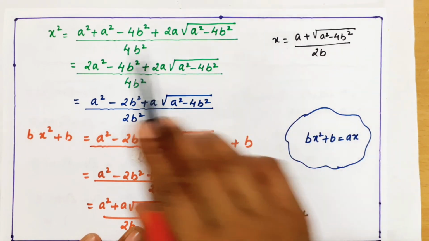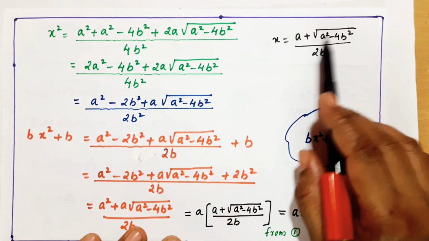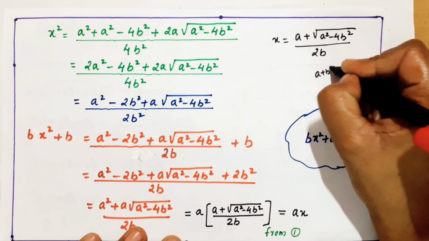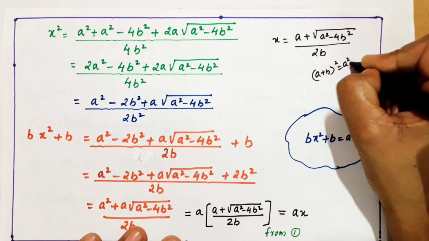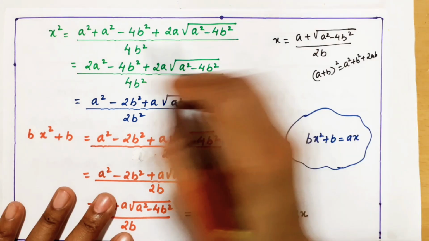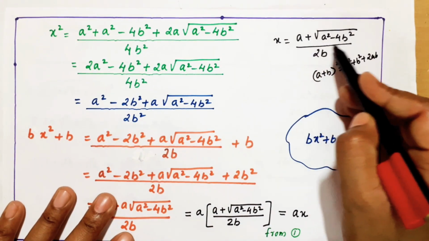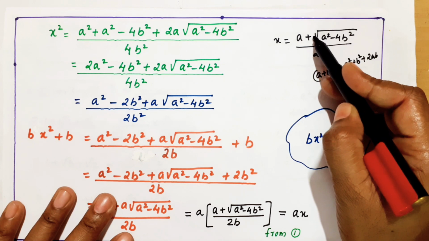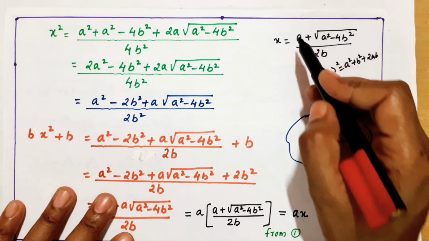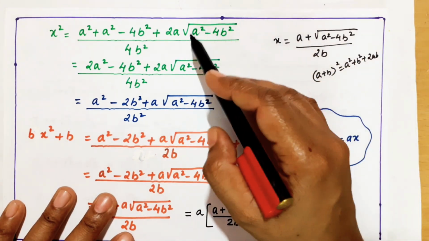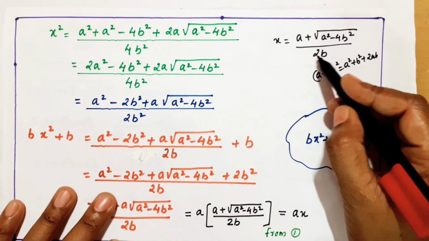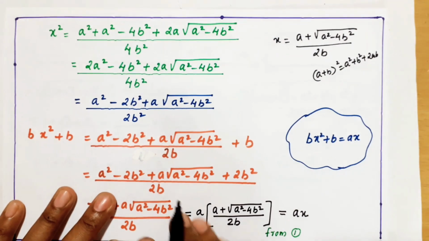If you square the term, it means a plus b the whole square. What is a plus b the whole square? A plus b the whole square is equal to a square plus b square plus 2ab, right? So this is a, so a square is a square. b square means this term. When you take the square of this term, the square root will go. So a square minus 4b square plus 2ab, 2a into b root over a square minus 4b square, by the denominator also squared, 2b the whole square, 4b square.